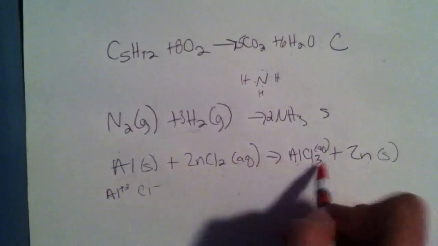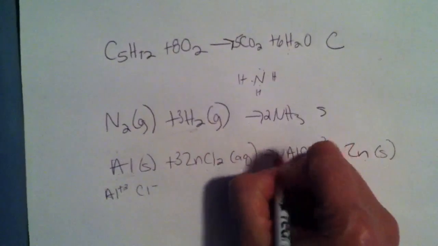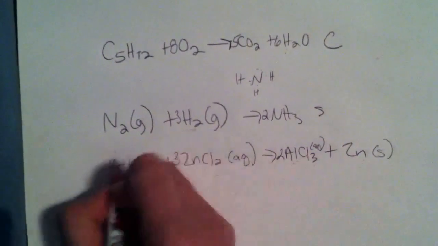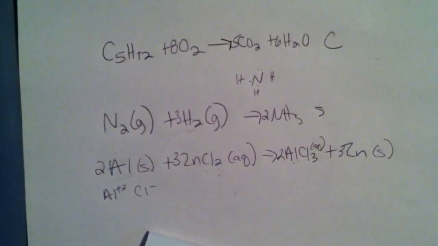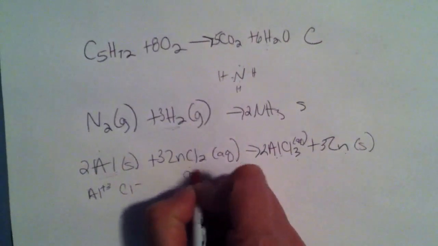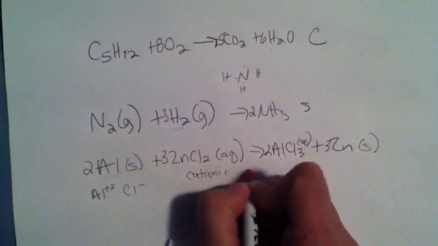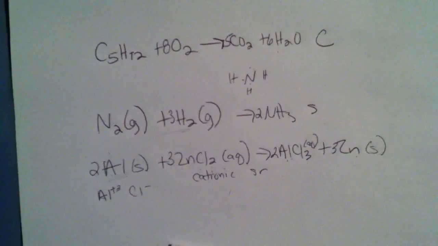Now we've got 2 chlorine and 3, so closest thing in common, get it to 6. Make that a 3, make that a 2. That gives me 2 aluminum, fix that, 3 zinc, fix that. My coefficients are 2, 3, 2, 3, and this is a cation single replacement or displacement. So I just put SD or SR.